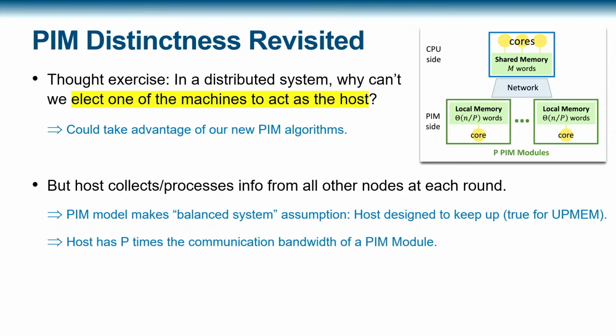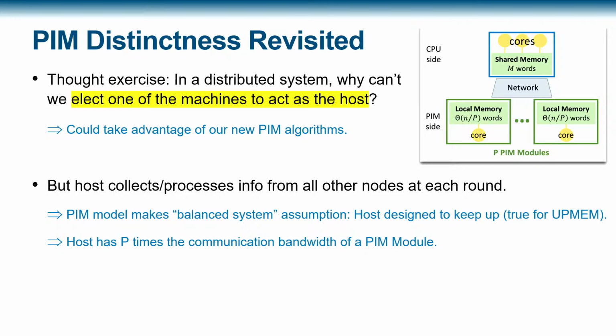It has asymmetrically more bandwidth because it can, in one round, communicate to all these guys, and receive from all of them. And it can also keep up with all, like they're producing work, answers come back, and this guy just turns around and fires off the next round, right? That means this guy has to have computation power that's asymmetrically large, it has to be able to keep up in some sense with all these guys, okay?